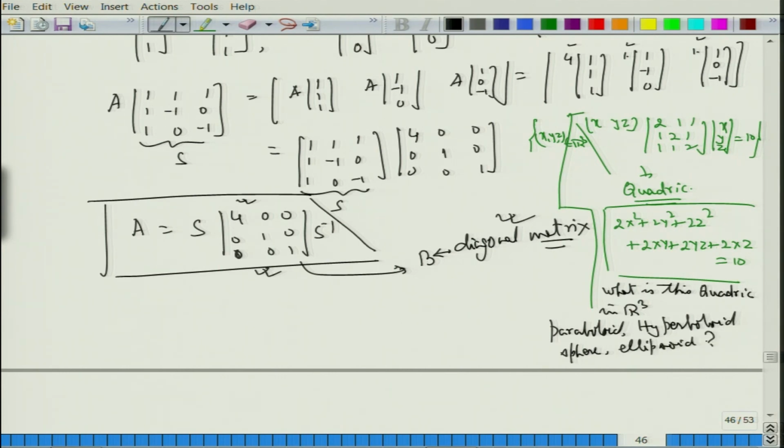Here I would like you to see that there is a 4 here, 1 here, and 1 here.